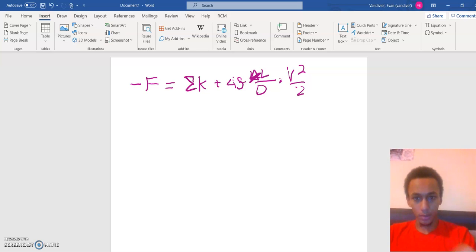And I believe there's a multiplication of velocity squared over 2 here as well. So there's 2 of them, one right there, one right there. So when you factor this out, this is just over F. We're going to include the G later.